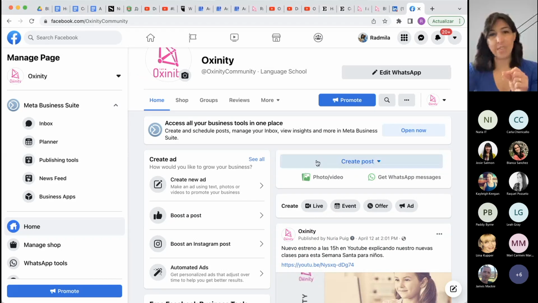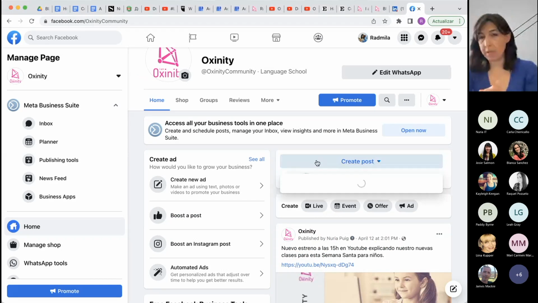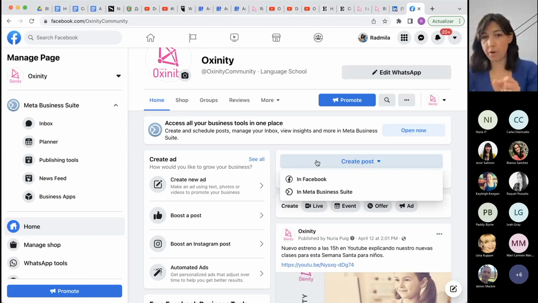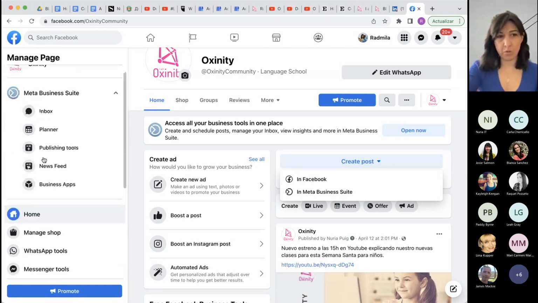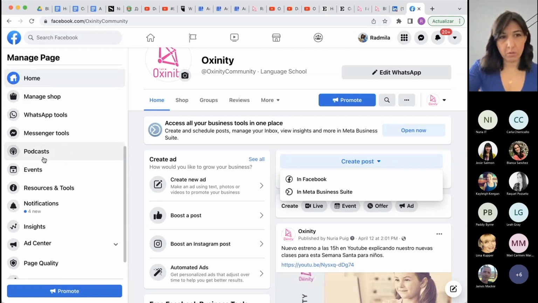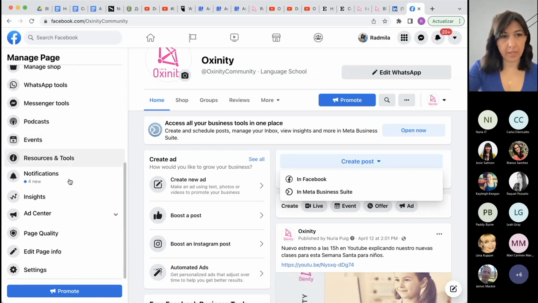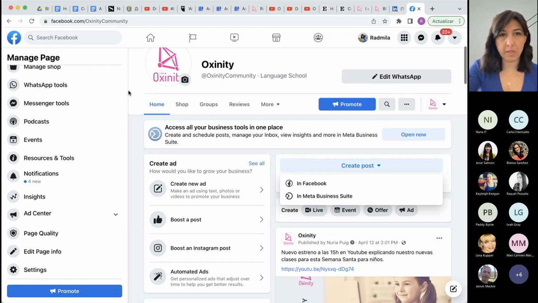Now I can take it to my wall and share it here, or I can go to any of the groups that I belong to, that I don't find now because I have to use my own profile, I guess.